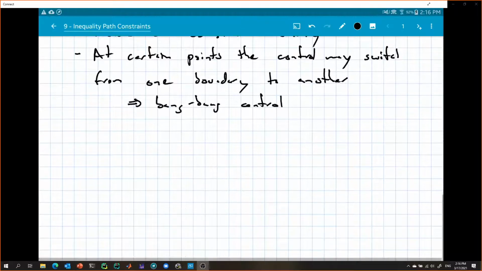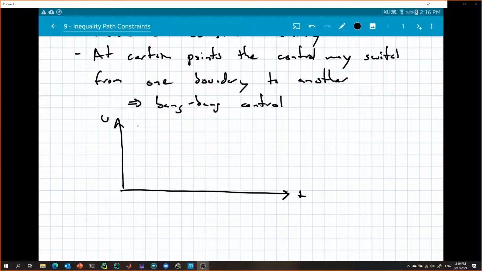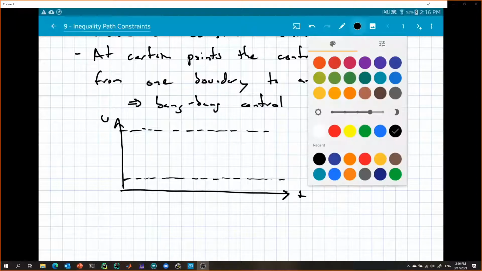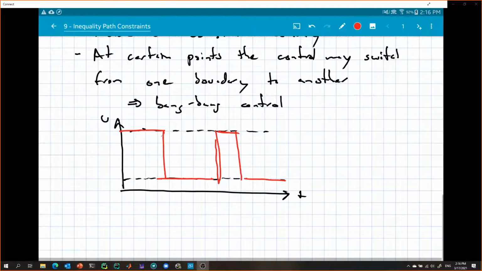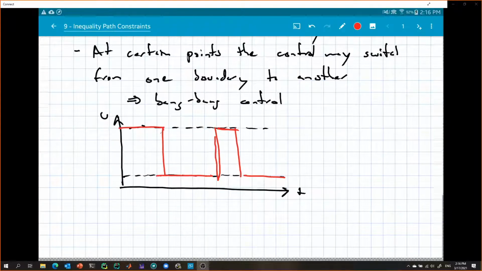So what that may look like is, say you have some u here and some t, and it's constrained, so you have an upper limit and a lower limit. Your control might go like this, and then instantaneously, so I probably shouldn't even connect it, you might switch down, and then up, and then down. See how these jumps are? You can imagine if you implemented this in a machine, it would hit the limits back and forth really quickly and make a lot of noise, and that's where the bang-bang comes from.